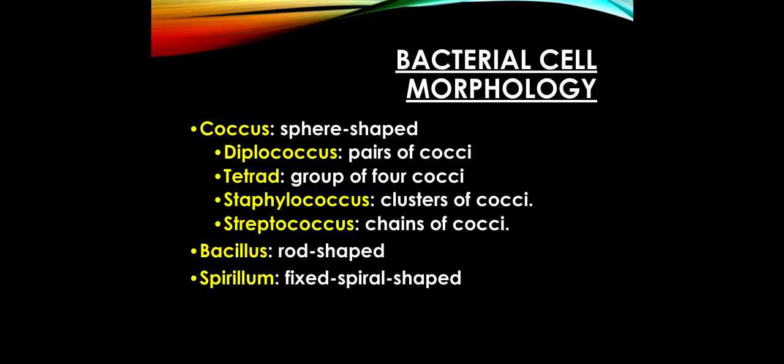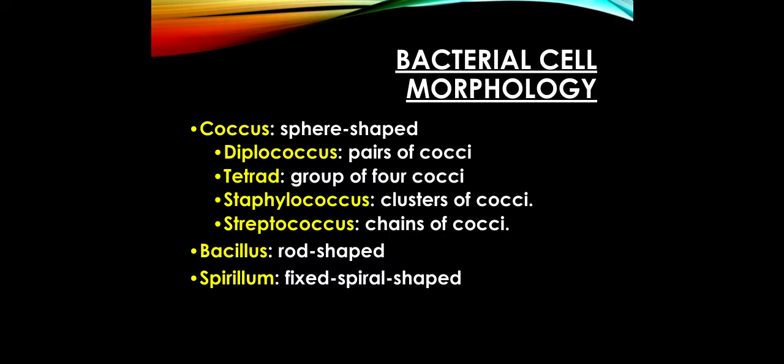If there is a group of 4 cocci bacteria, we call it a tetrad. If there's a cluster of cocci bacteria, we call it staphylococcus. And you can think of a staph infection as being something that is caused by a staphylococcus morphology of bacteria.